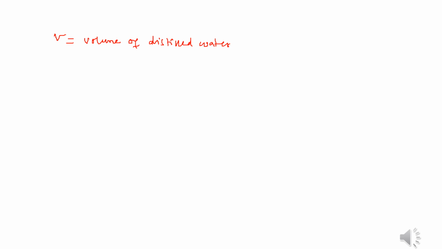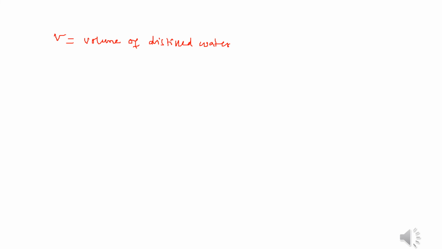Now, as time progresses, at a given depth, suppose we consider a depth of HE measured from the top level of the suspension, only those particles remain which have not settled during this time.